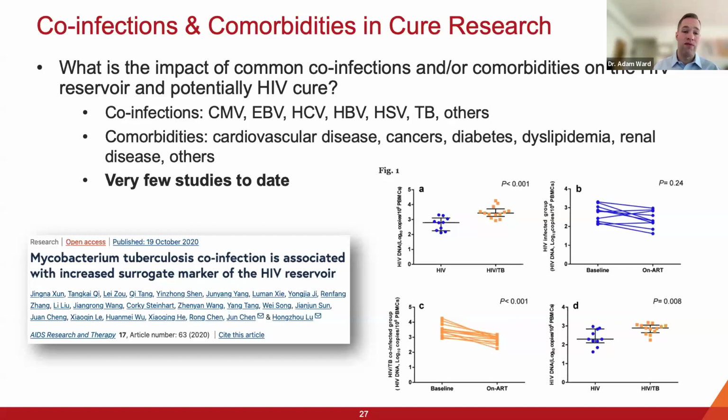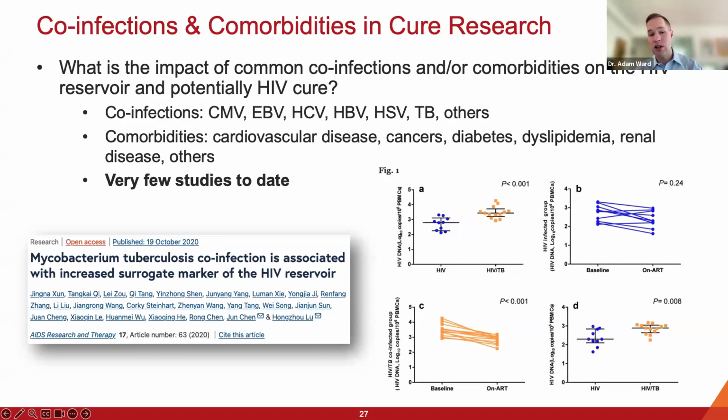I'll just note that there have been very few studies to date on the impact of co-infections and comorbidities on the reservoir. I'm going to highlight this one study where they looked at tuberculosis co-infection, and they found that people living with HIV and co-infected with tuberculosis had higher HIV DNA levels both before starting therapy and more than 1 year after initiating antiretroviral therapy.